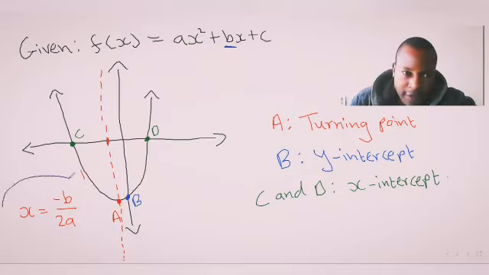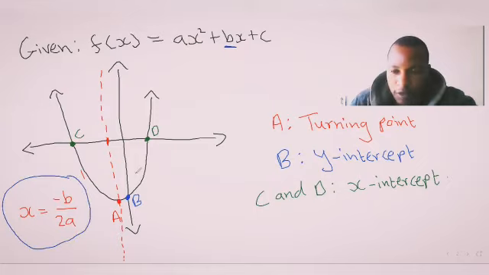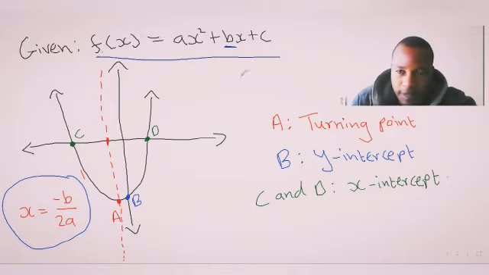This gives you the x coordinate of the turning point. To find the y coordinate, you substitute the x coordinate into the function itself, and then you get the y coordinate of the turning point.